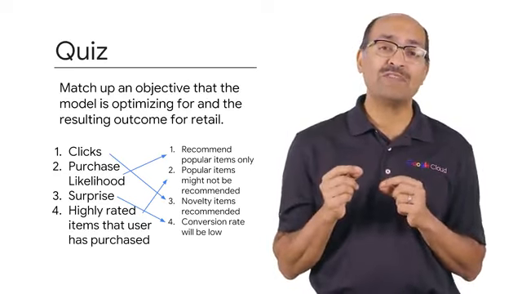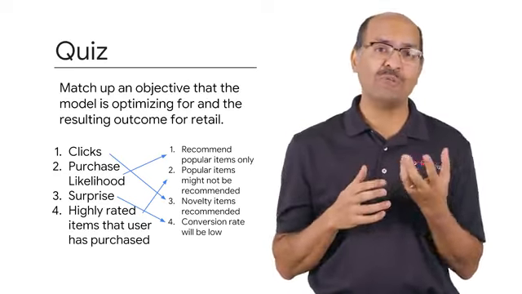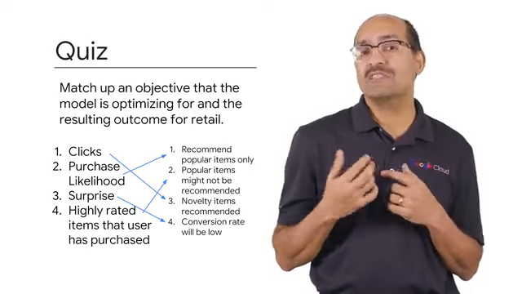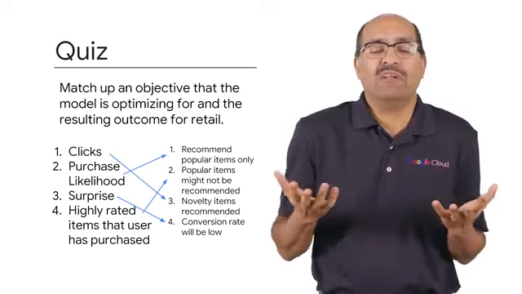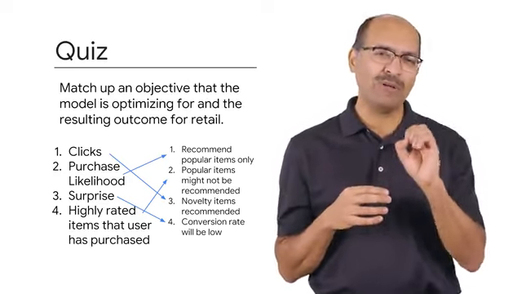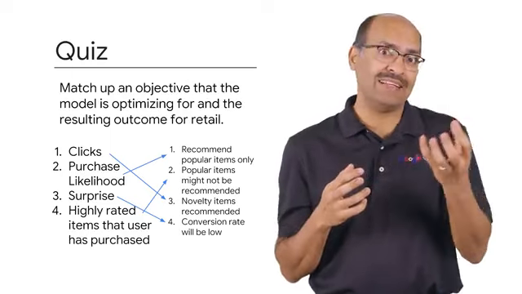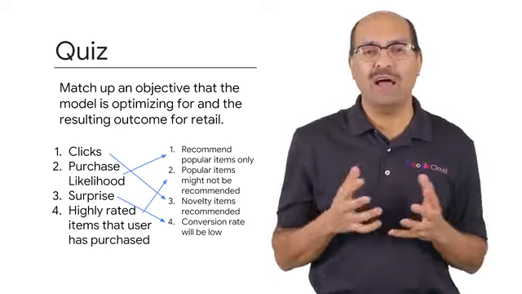If you optimize for high ratings on purchased items, your revenue might suffer because consumer staples might never be rated and so will not get recommended. There is a difference between popular in the sense that things are rated highly and popular in the sense that people buy them a lot.